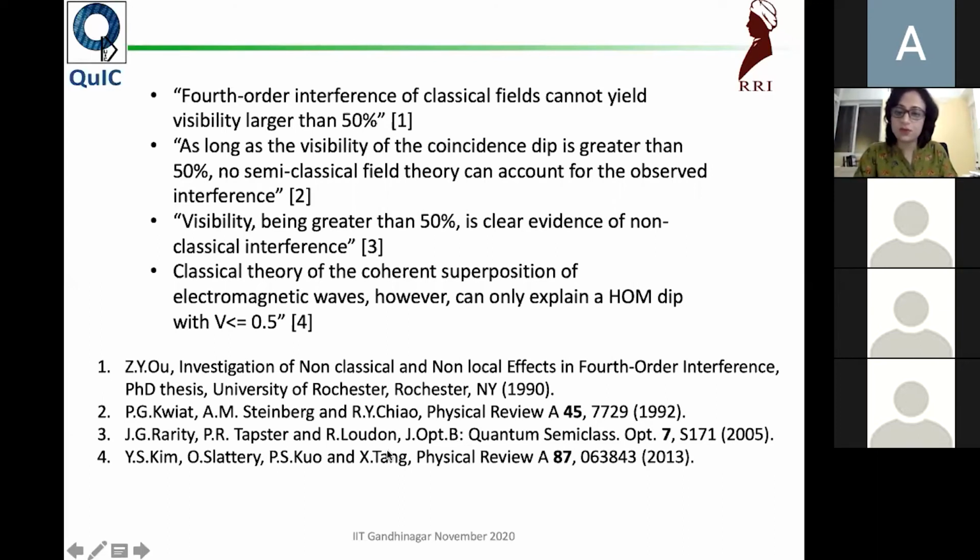And of course, these are all very famous people in quantum optics, and these are all claims from their work, where they say, for instance, as long as the visibility of the coincidence dip is greater than 50%, no semi-classical field theory can account for the observed interference, or visibility greater than 50% is clear evidence of non-classical interference. So essentially the claim is, and many other such statements, that if you get a greater than 50% dip in this phenomenon, then you are dealing with a quantum phenomenon, and up to 50% is explained through classical electromagnetic theory. Okay, and so this is what was happening.